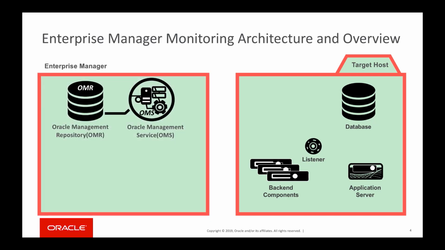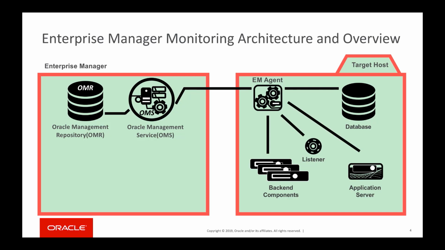And here on the left side of the screen, we have Enterprise Manager setup. EM consists of three major components: OMS, or Oracle Management Service, OMR, or Oracle Management Repository, and Agent. Agent should be installed on each monitored host. It collects health and performance information from all the targets that reside on that host.